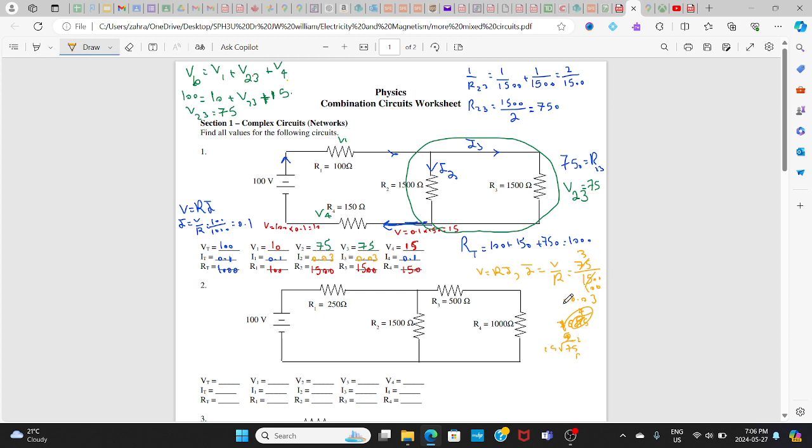Yeah, I made a mistake here in the divisions. I need to revise my work here. Okay, I'm going to just erase that. That was a mistake.